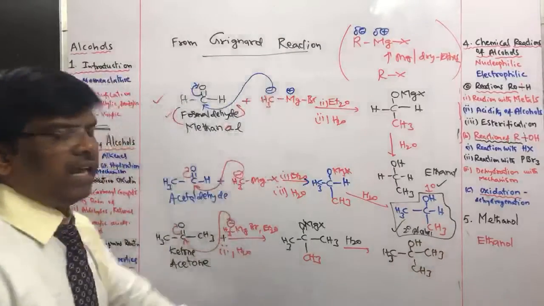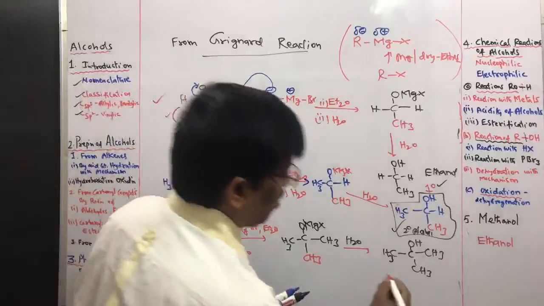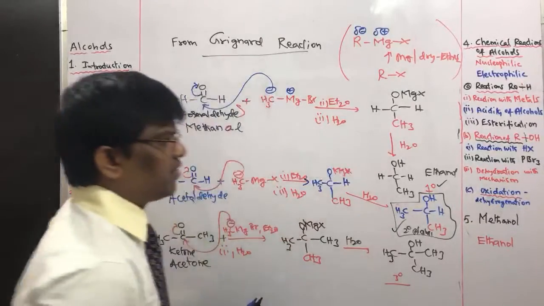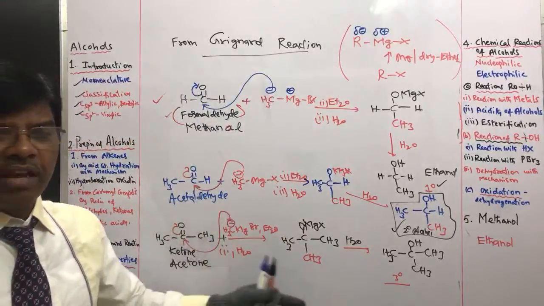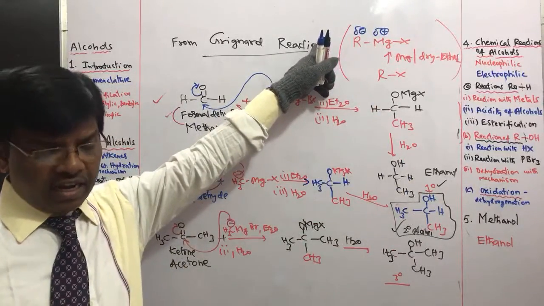What is the alcohol here, primary, secondary or tertiary? This is a tertiary alcohol. So this is how we can prepare tertiary alcohol also through Grignard reaction.